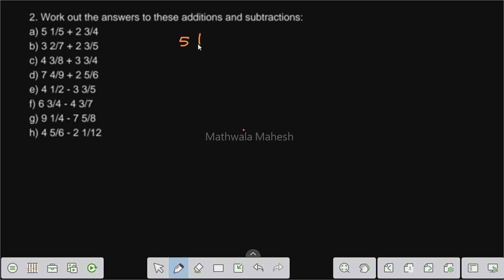5 and 1 upon 5 plus 2 and 3 upon 4. So this is a mixed fraction, and we have to convert it into a proper or improper fraction.